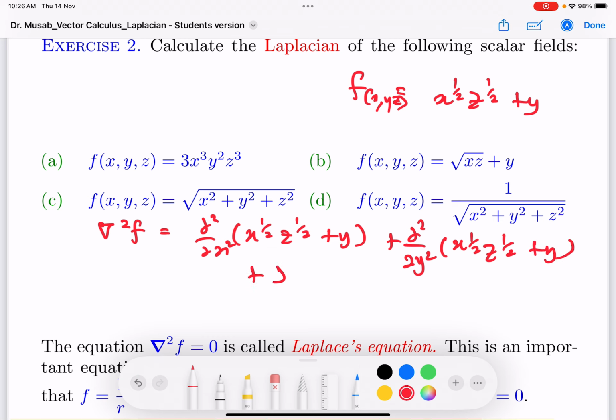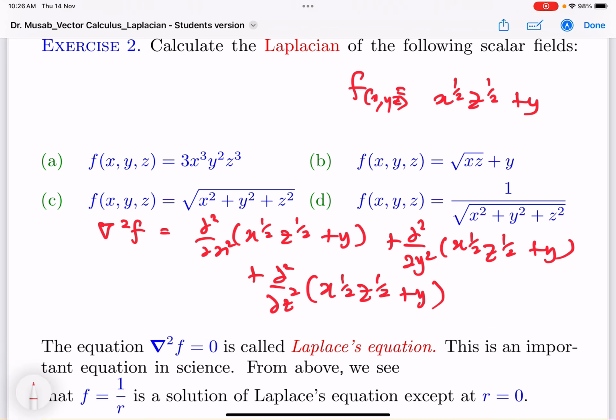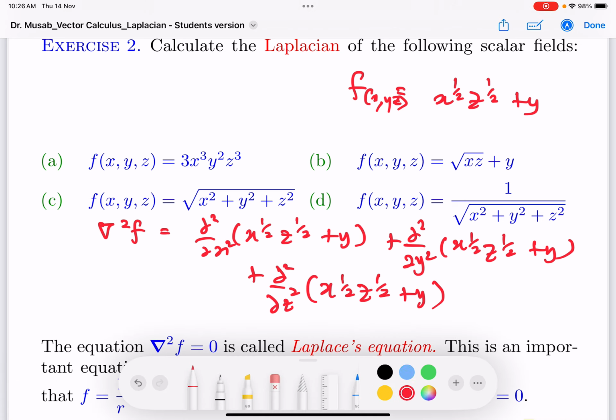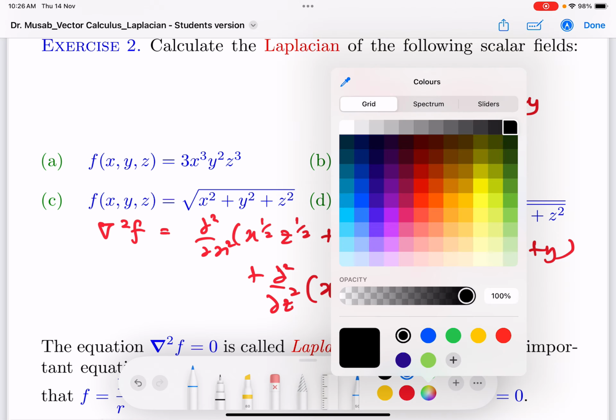Next, on the z component. All right, so what do we get? Okay, let's see, what can we derive here? Okay, I think I should use another color. So let's say we have a purple one.